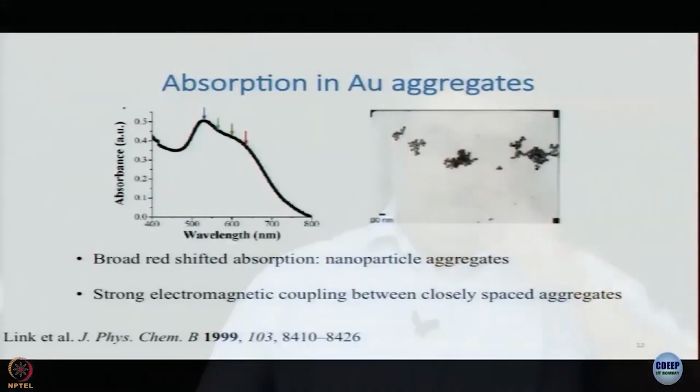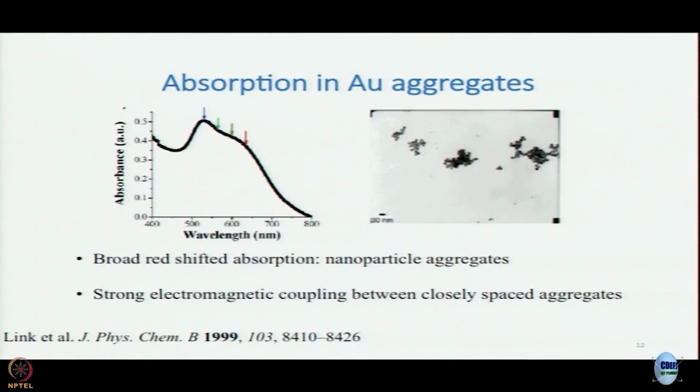Now, let us talk a little bit about absorption in gold aggregates. What happens when you do not have gold nanorods? At least in this study you can see it is long ago, 1999.